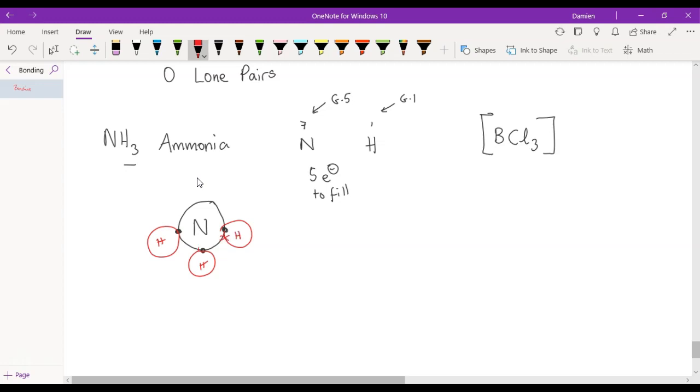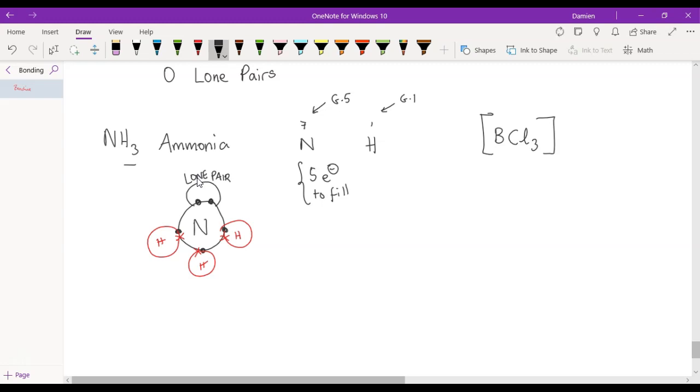And each of those hydrogens brings an electron. But nitrogen has got 5 electrons to fill. We have 1, 2, 3, and we have 4, 5. These 2 electrons here are not involved in bonding, so this is what's called a lone pair, because they're on their own, they're a pair, they're not bonded to anything.